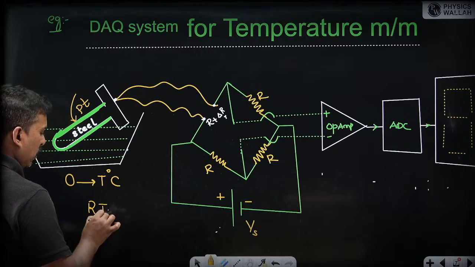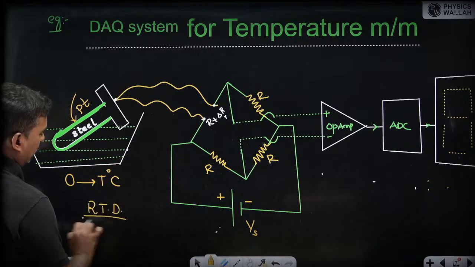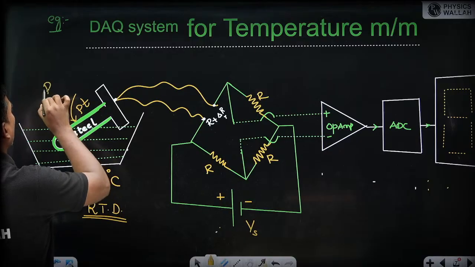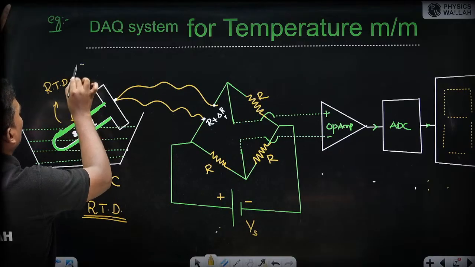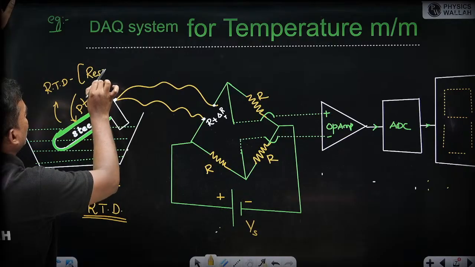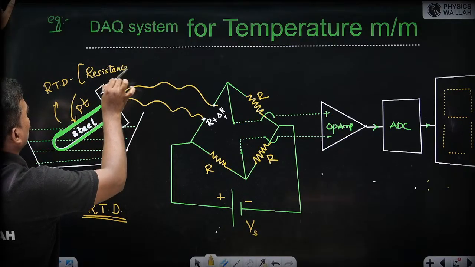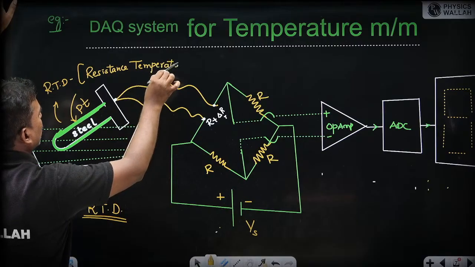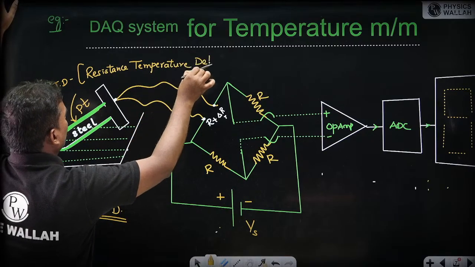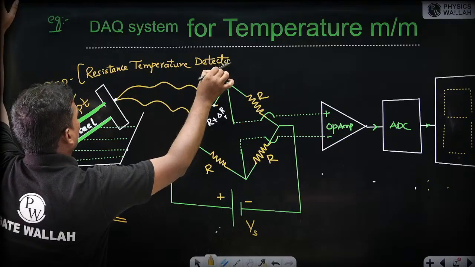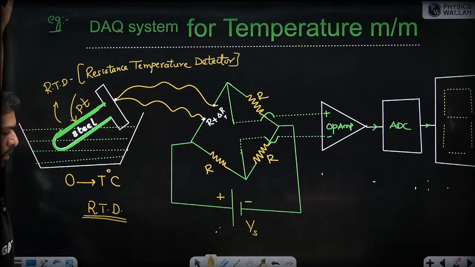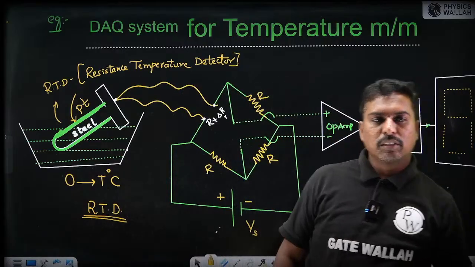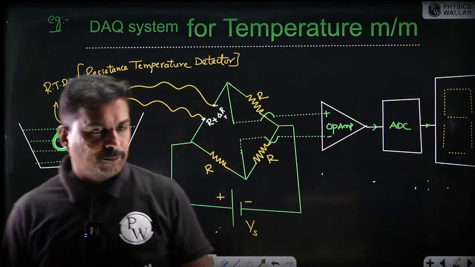RTD means resistance temperature detector. As the temperature increases, resistance also increases. That is a resistance temperature detector.